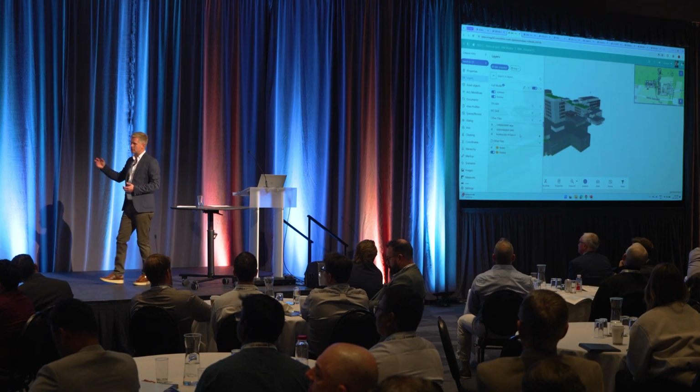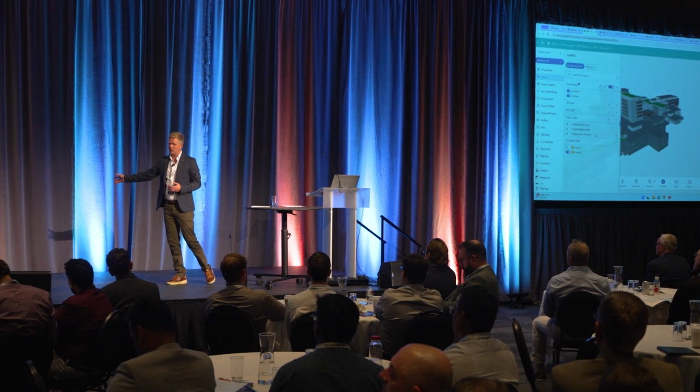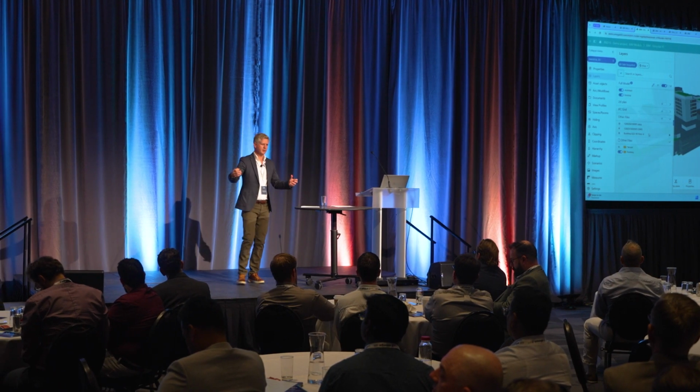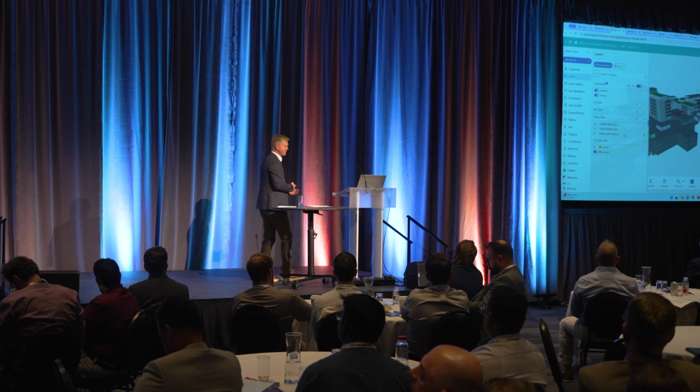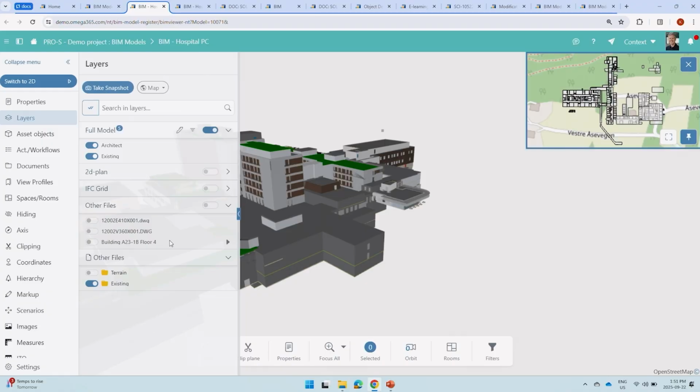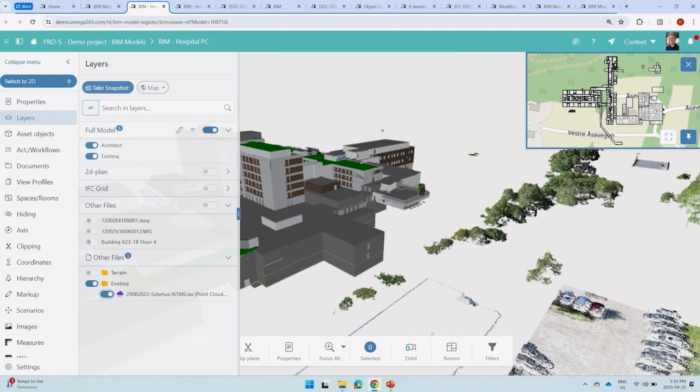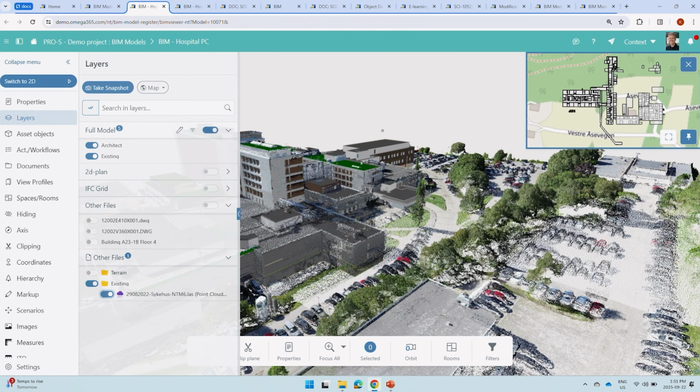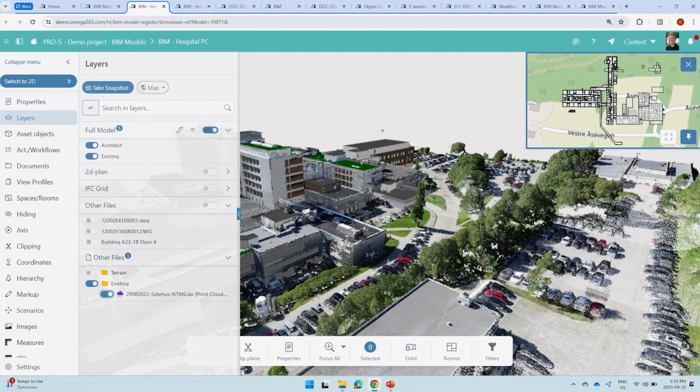So we want to use whatever point cloud we have to visualize what's there today and overlay it with what we are building. And point clouds and scans are a little bit easier. It's actually just geometry. So if I go here and I'll bring in, you can see the first layer was really the new model I was building, and now I'm bringing in what I scanned around. And then I can dive into this information the same way we did before.